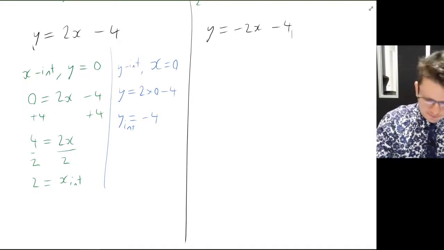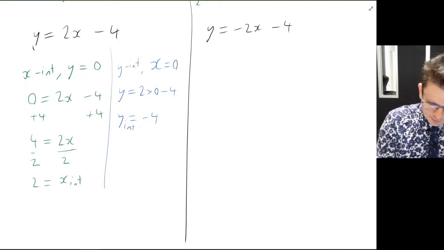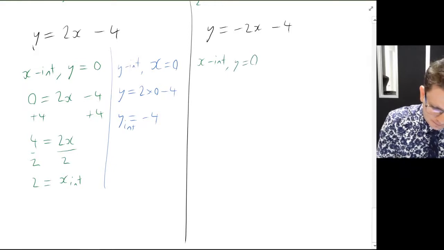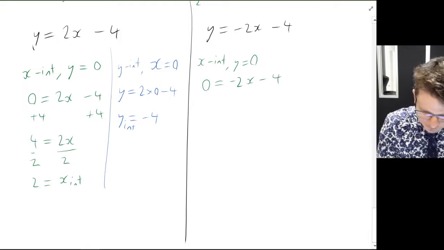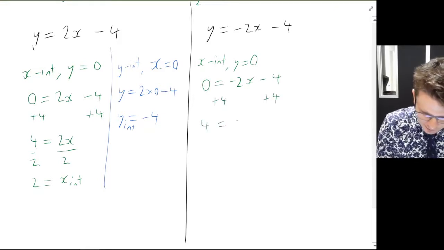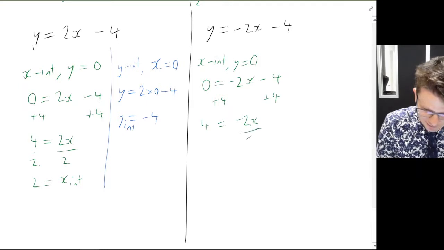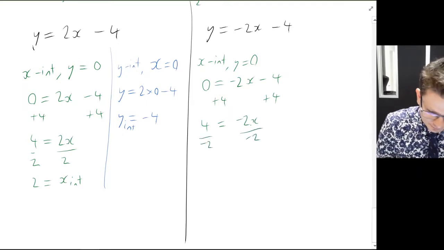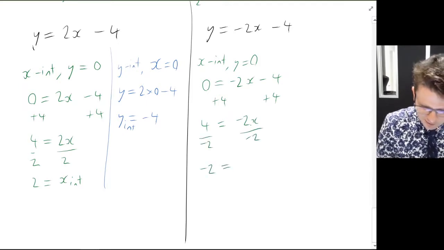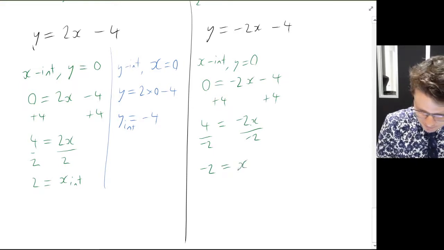Alrighty, so let's have a look. So x-intercept, y equals 0. 0 equal to minus 2x minus 4. Add 4 to both sides. 4 equals minus 2x. Divide both sides by negative 2. 4 divided by negative 2 is negative 2.